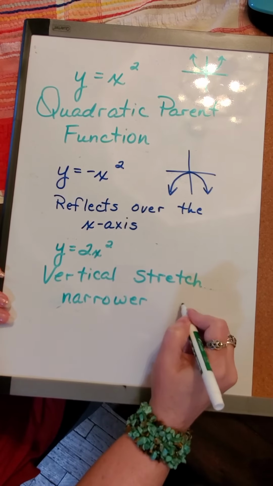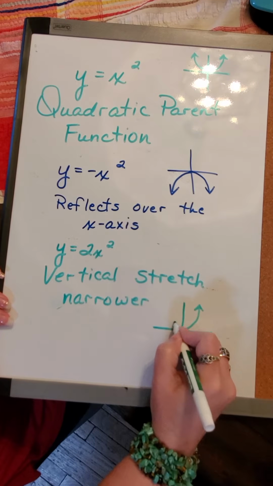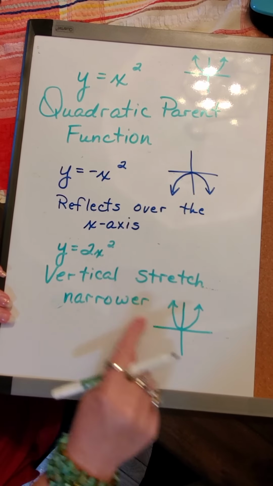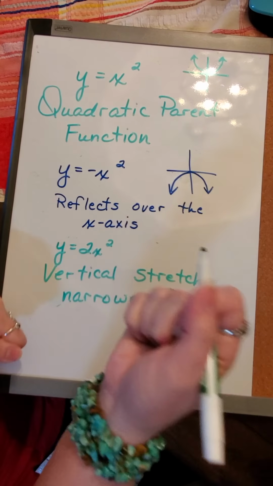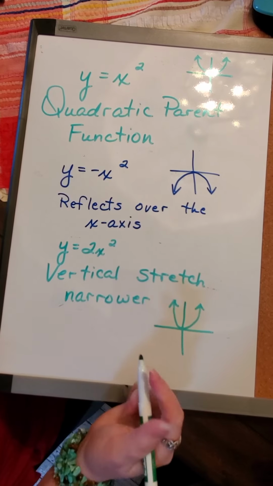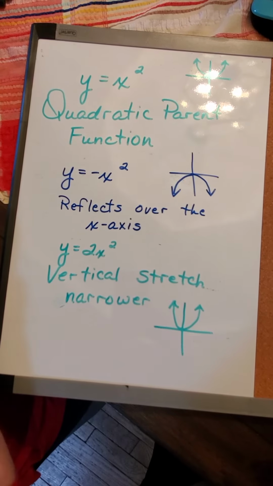So we'd have a graph that gets a little skinnier. The bigger the number, the more narrow it would get, because if you take a rubber band and you stretch it, it causes it to get more narrow. Okay, that's the first two.